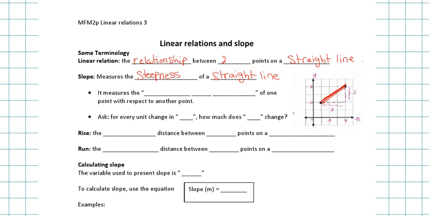It measures the rate of change of one point with respect to another point. So if the question is asking you for the slope, it's asking you for the rate of change. It's the same thing. If the question is asking you for the rate of change, it's asking you to find the slope. They are the exact same thing.